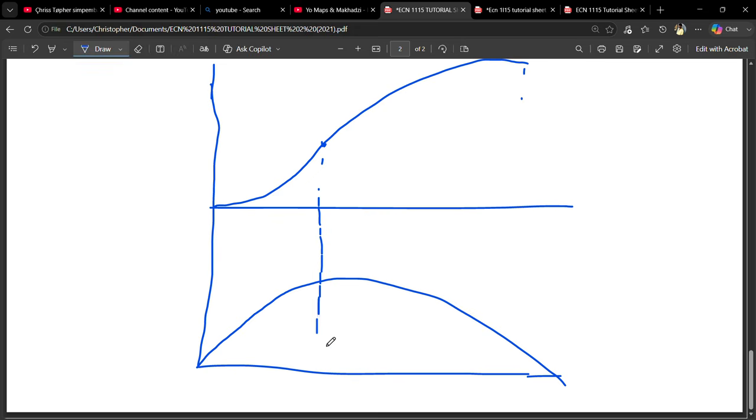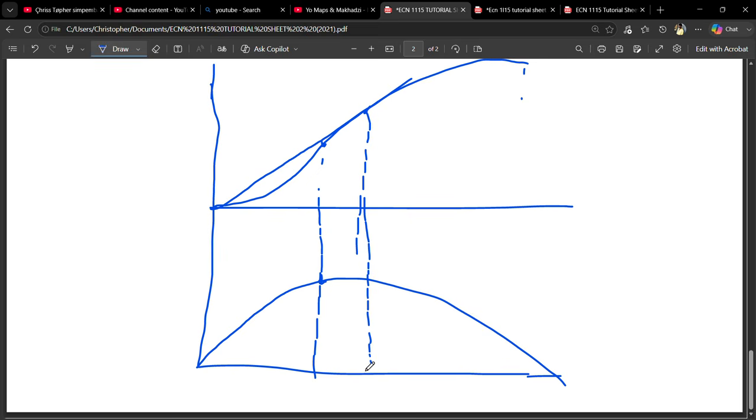Then we have average product, which is supposed to be tangent somewhere there. I'm just drawing this, and I don't have a straight board, so you should draw it properly if a question like that comes.